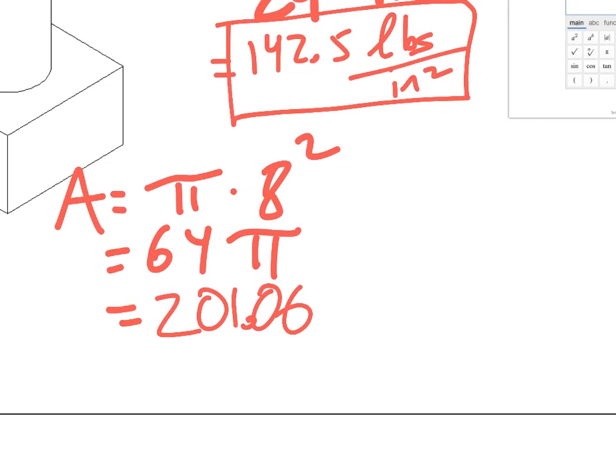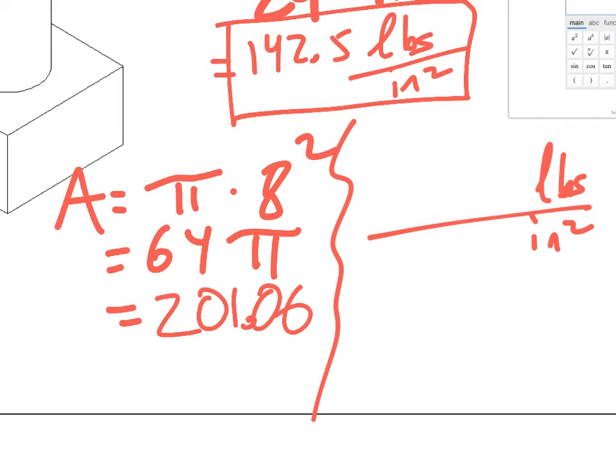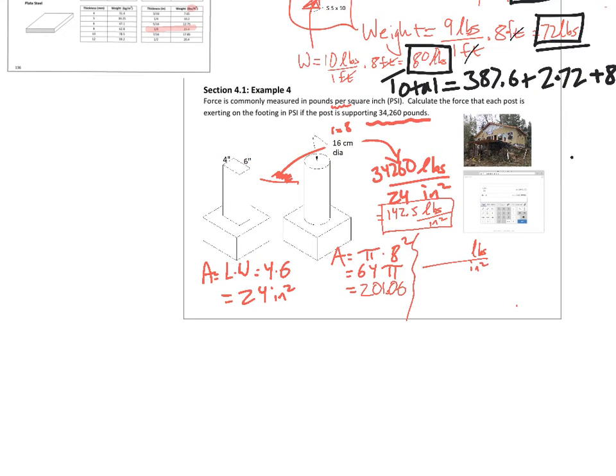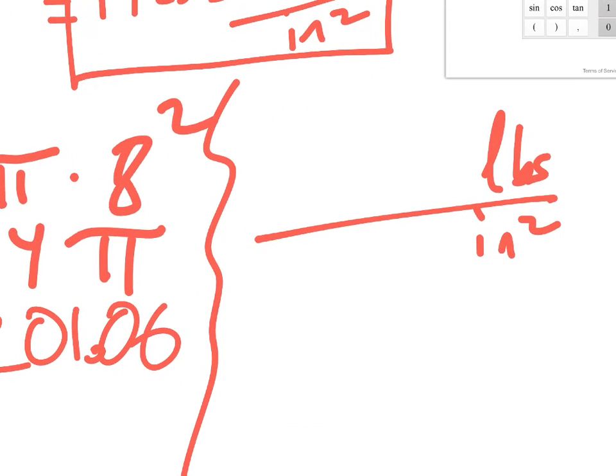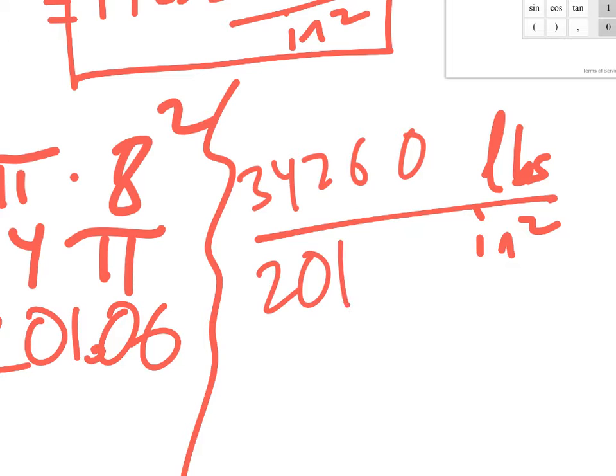So this is 201.06, and now let's find the pressure, right? Yeah, we're going for pressure, which is pounds per square inch. Okay, well, we know that it was how many pounds again? We know that it was 34,260. Divide that by 201.06.